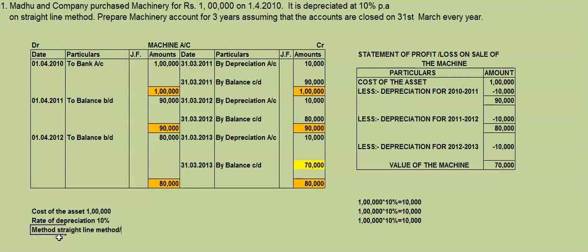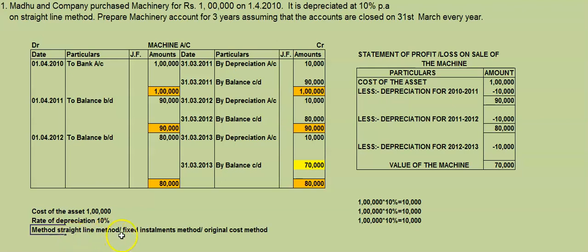The straight line method is also called the fixed installment method, or it is also known as the original cost method.